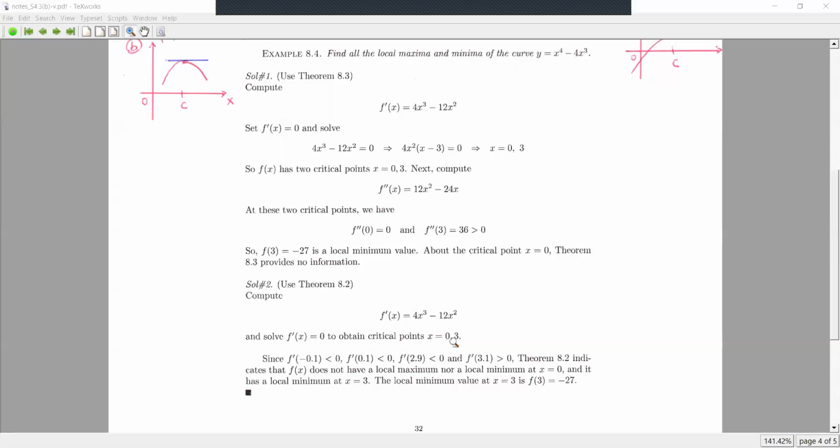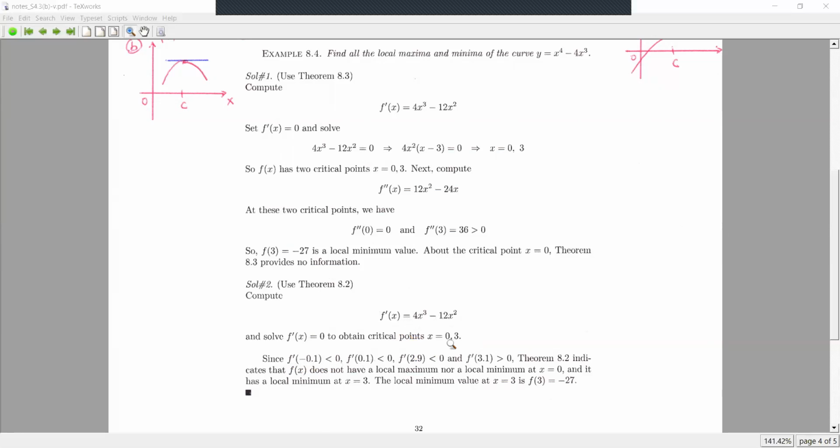On the left of 0, I pick a point, say negative 0.1, and evaluate the derivative there. Plug in negative 0.1 in x, then I get the derivative at negative 0.1 less than 0.